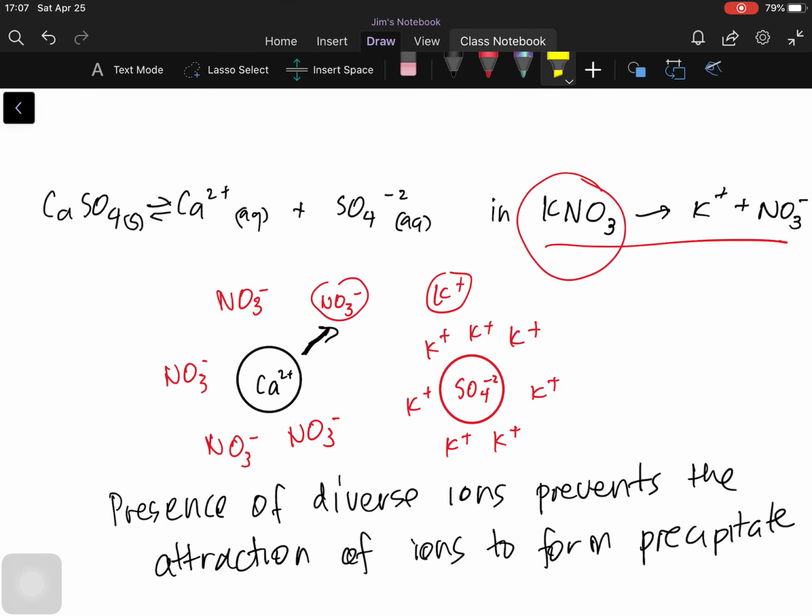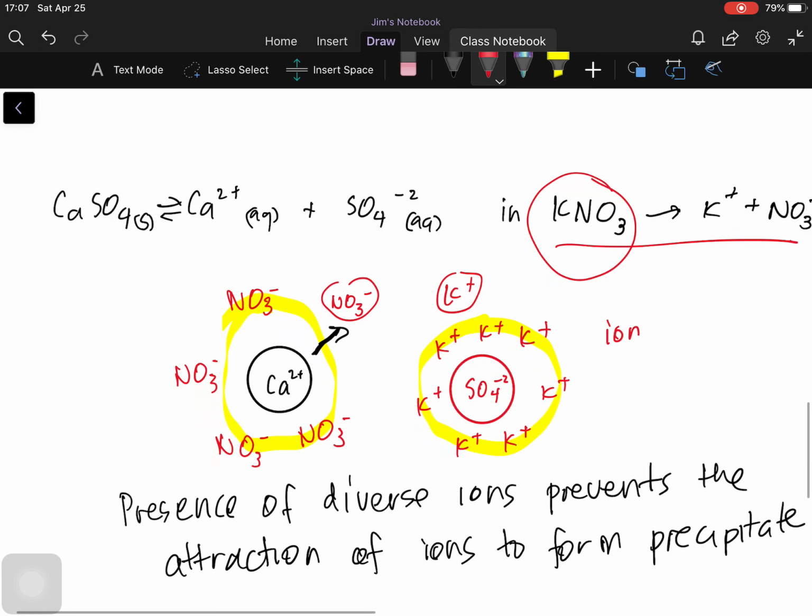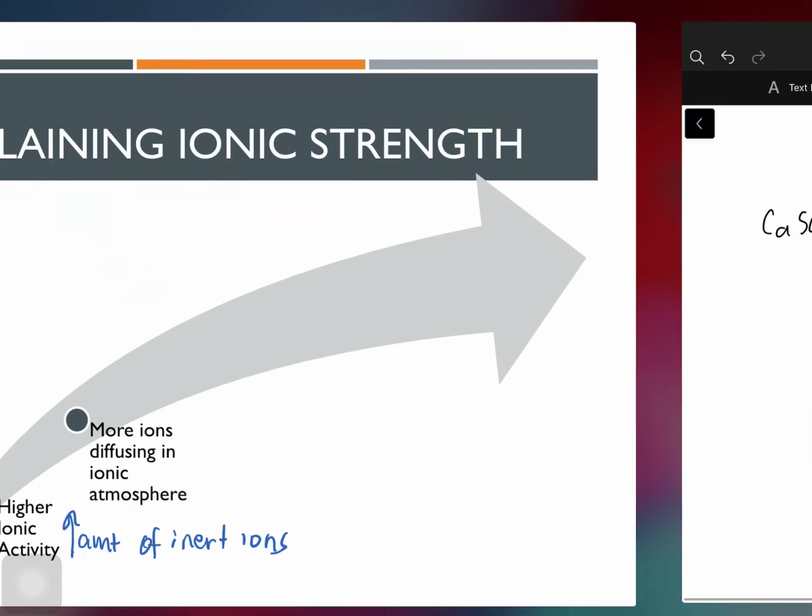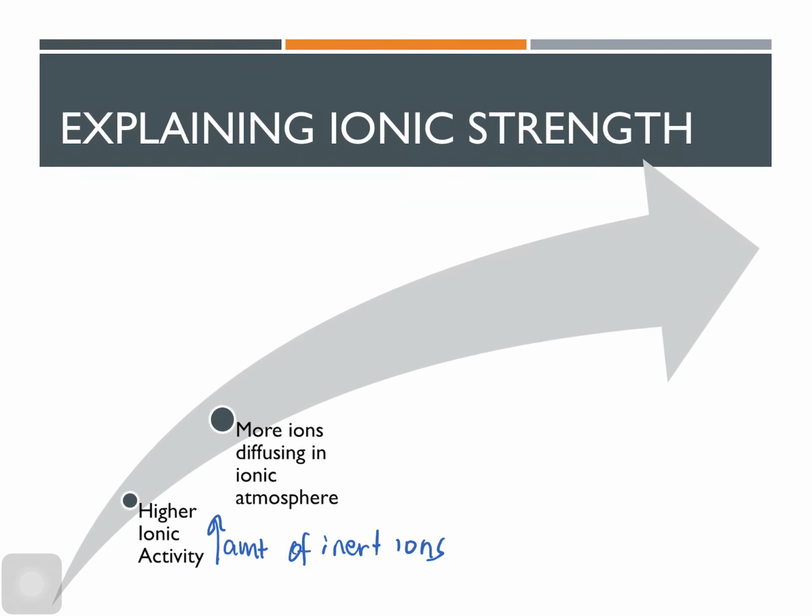The region at which your nitrate ions and potassium ions reside is what we call the ionic atmosphere. That is a region in which your ions will flood your insoluble ions. So that means if we have high ionic activity or high amount of inert ions, the more of these inert ions will diffuse into the ionic atmosphere.